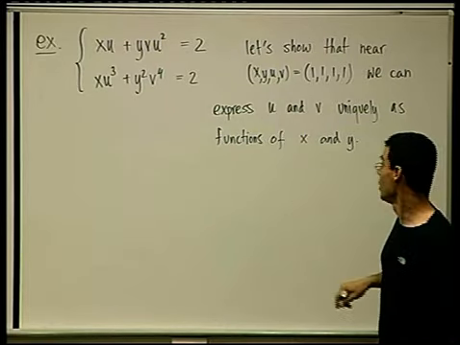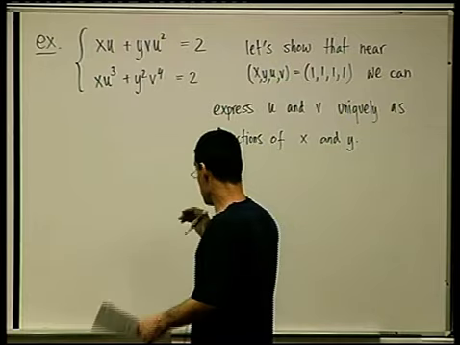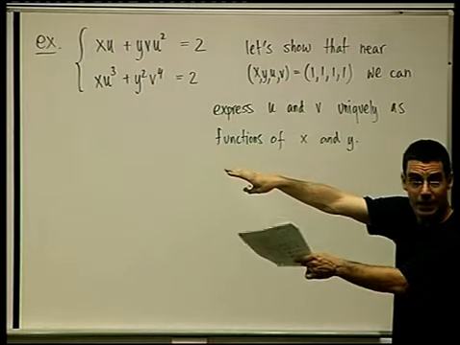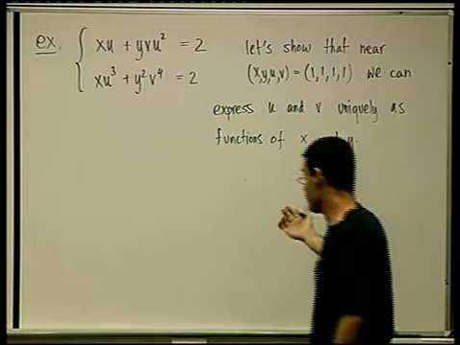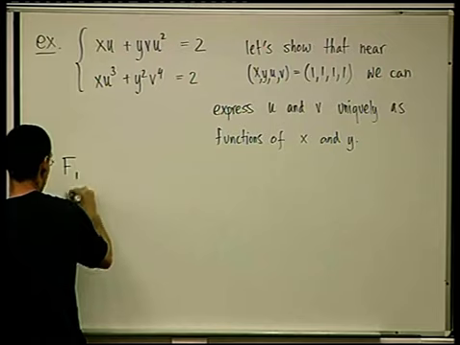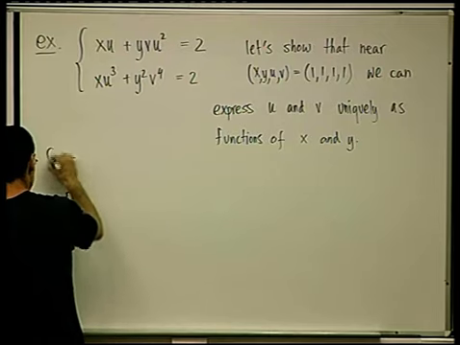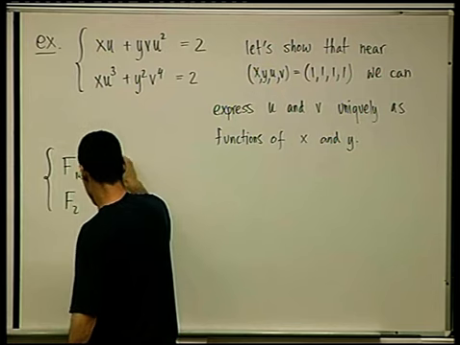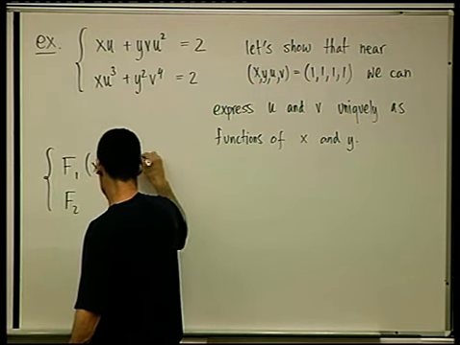Clear? Okay, so let's do that. So I have to set this thing into the format of that theorem. So the theorem is going to have two relations, f1 and f2, both of them are going to be relations of the four variables.